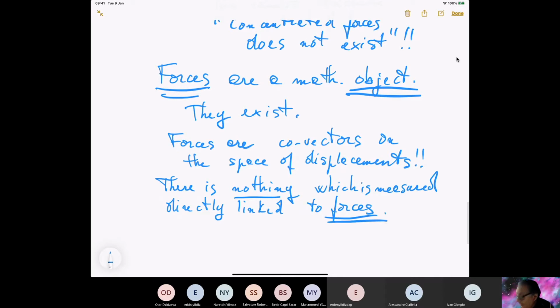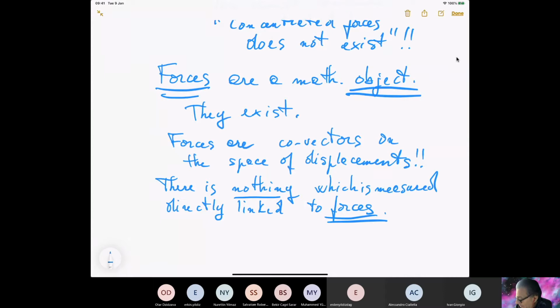Think about this. Don't believe the propaganda of some presumed practical people who talk about forces as if they were existing in the real world, or as if they were immediately intuitive objects.